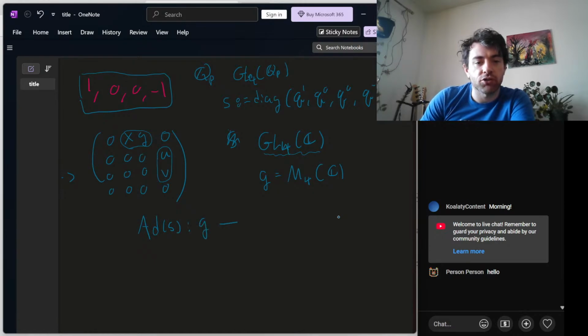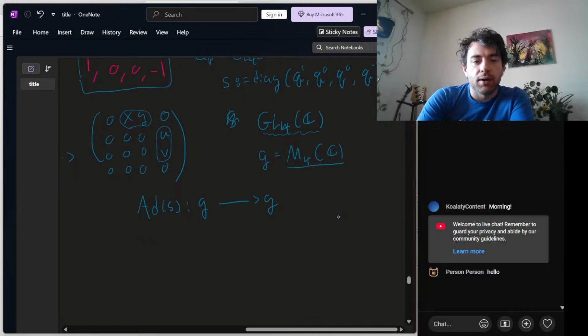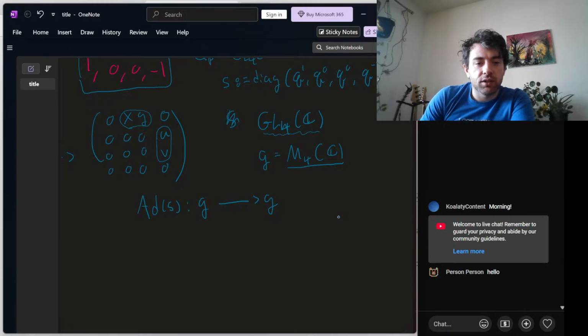This is a linear transformation from the Lie algebra to itself, right? Just conjugating matrices. And then what we're going to do is look at the Q eigenspace. So we take this, the Q eigenspace.